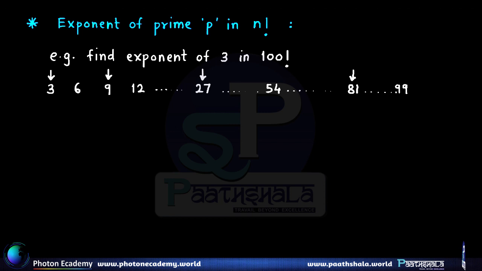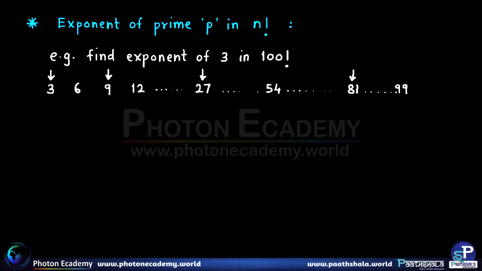Now to count how many times 3 is occurring as a factor in all these numbers, what we do is, we first mark off all the numbers which are the multiples of the first power of 3, which is 3 itself. So we write 1 below each number, since all are divisible by 3.